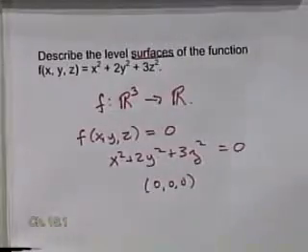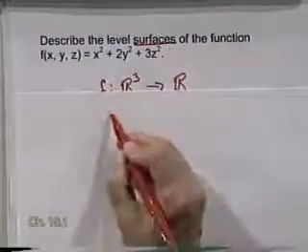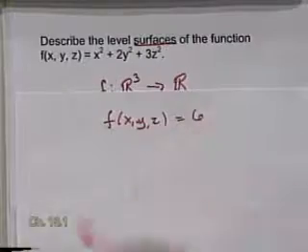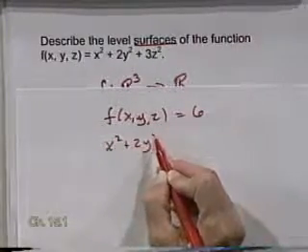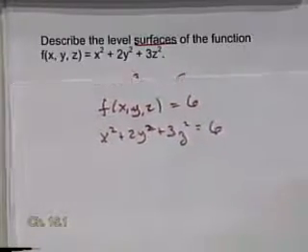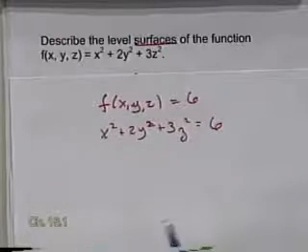Okay. Now, let's try f of x, y, z equals 6. What's that a graph of? x squared plus 2y squared plus 3z squared equals 6.